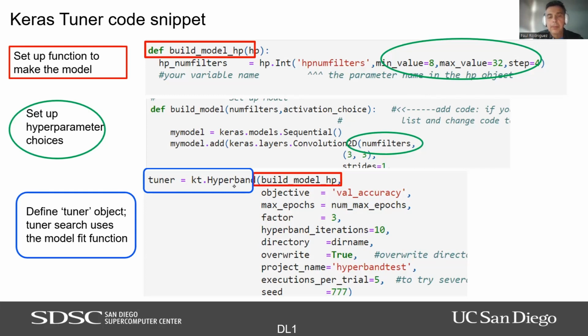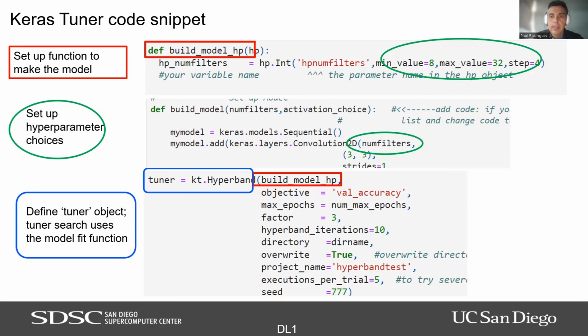With the Hyperband tool, there is a Hyperband function and it returns a tuner object, and that basically wraps around the fit function. So I have something that wraps around my build function, something that wraps around my fit function, and that's how you're controlling this hyperparameter search.